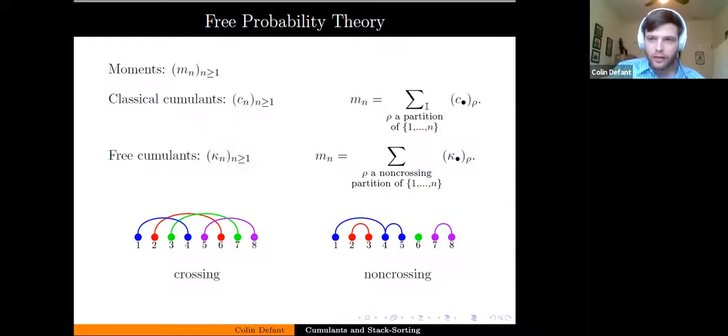Another approach you could try to take is to use generating functions. Because one of the powerful things about free probability theory is that it gives us methods for manipulating the generating functions for these sequences. However, if you try to convert from the generating function for free cumulants to the generating function for classical cumulants, what you end up doing is taking a compositional inverse and then dividing by 1 plus x, then taking another compositional inverse, then taking an inverse Laplace transform, then adding 1 and taking a logarithm.